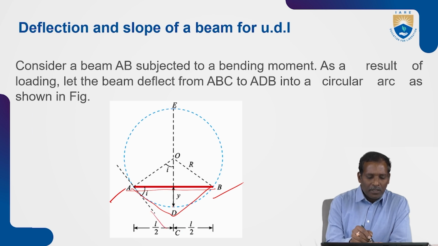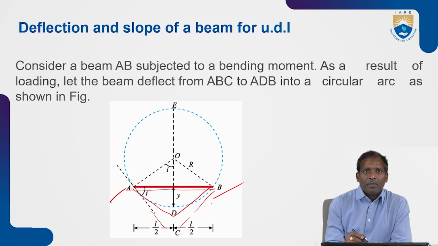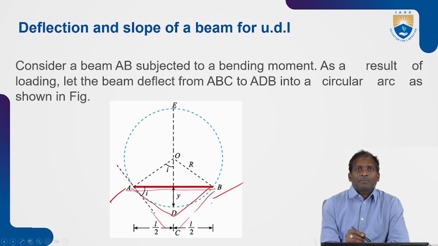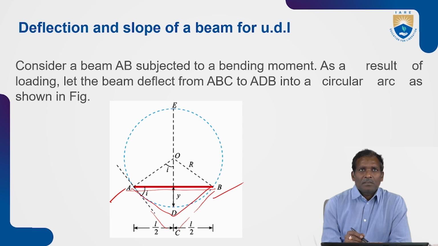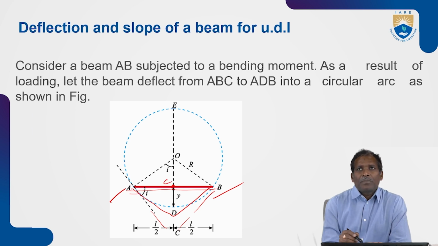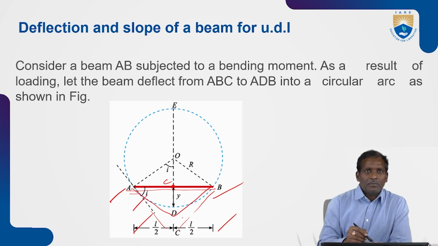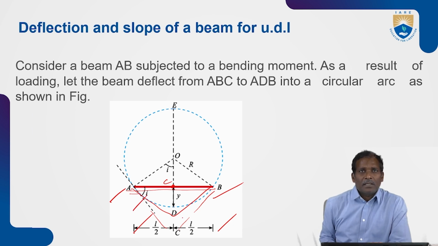Initially the beam is ABC, which bends into a circular arc as shown in the figure. So the lengths are L by 2 and L by 2, and the angle is theta.